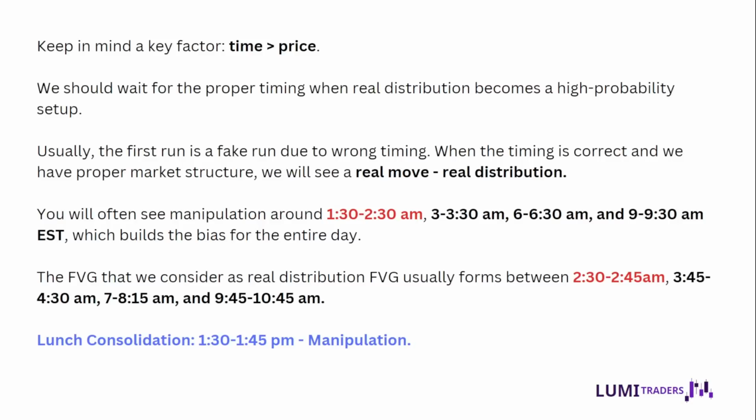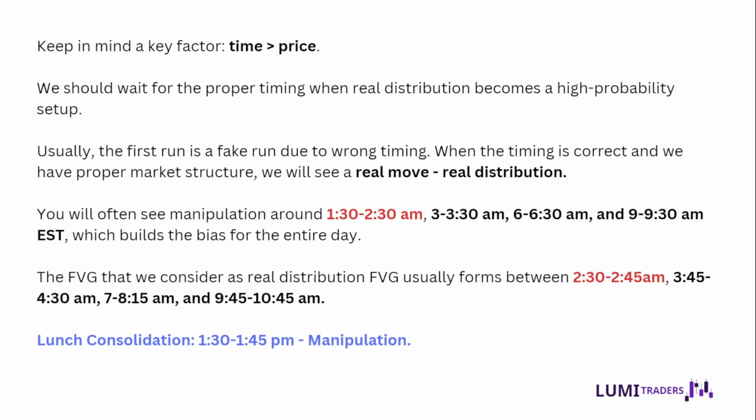You will often see manipulation around 1:30, 2:30 a.m., 3:30 a.m., 6:30 a.m., and 9:30 a.m. So why do I highlight 1:30 and 2:30 with red color? Because I usually call this early manipulation. The fair value gap that we want to consider as real distribution fair value gap usually forms between 2:30 to 2:45.